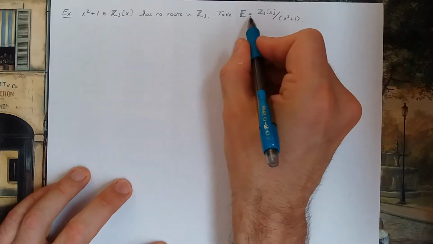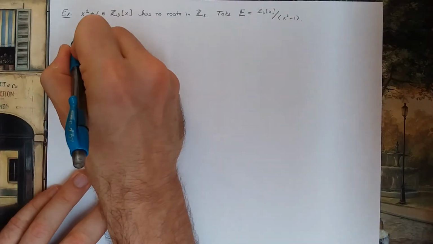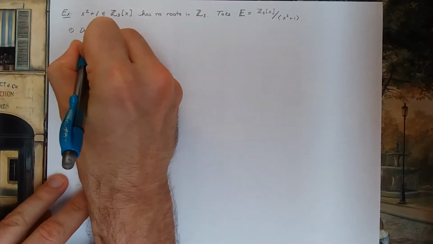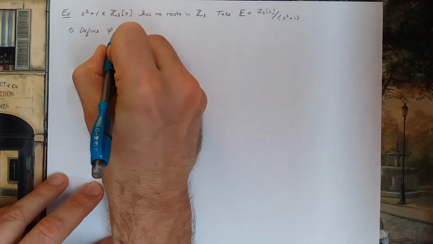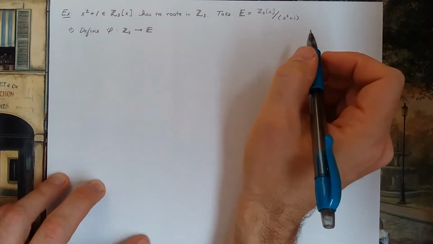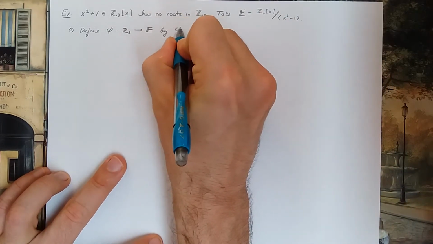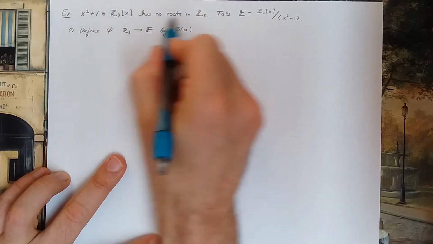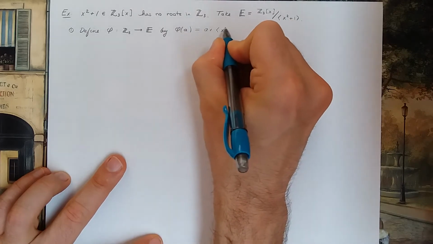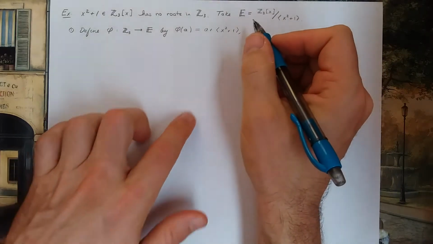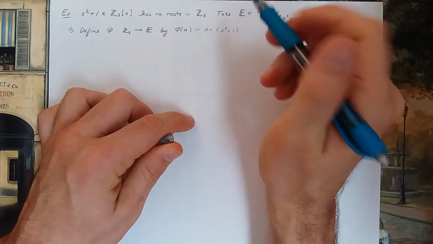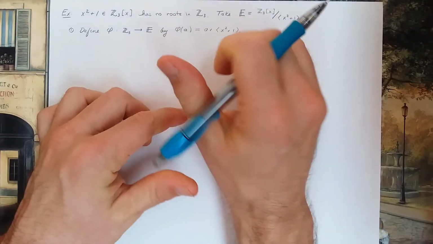So there's two things I'd like to notice about this field E. Number one is if I define a function phi that goes from Z3 to my enlarged field E by sending an element A in my ring Z3 to the coset A plus my ideal, then this function phi is a ring homomorphism.